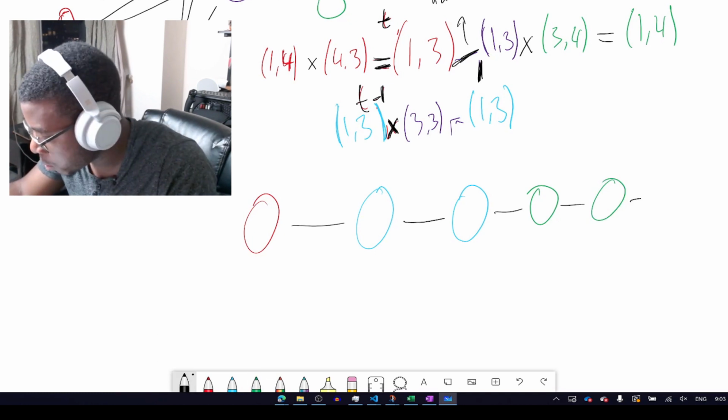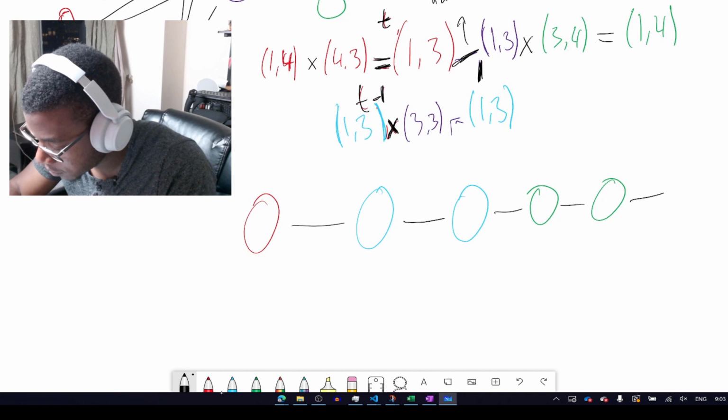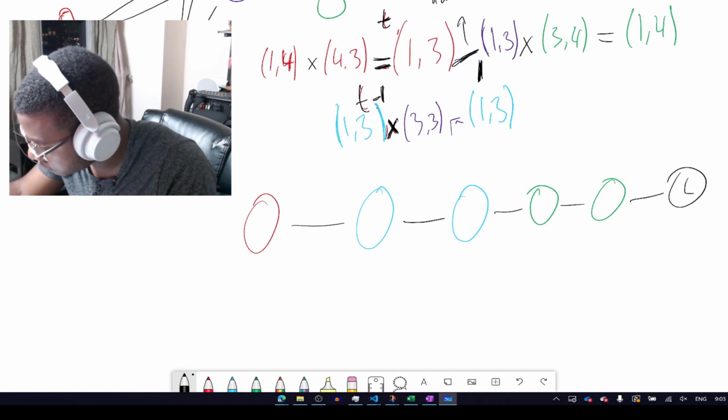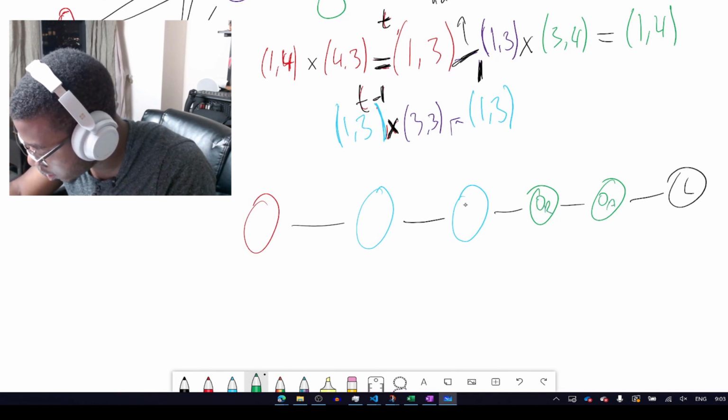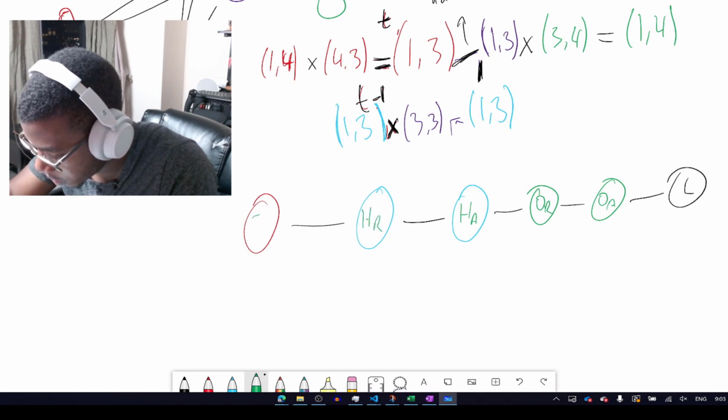And then the activated output connects to our loss. So this is output activated, output raw, hidden activated, hidden raw, and then here's our input.